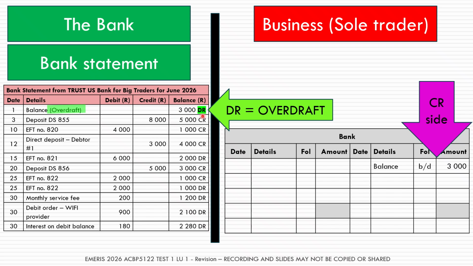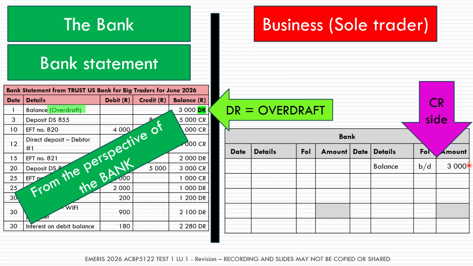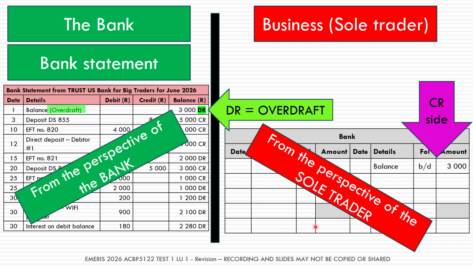On the bank statement, a debit means an overdraft, whereas in our general ledger, a credit means it's an overdraft or a current liability. So once again, the bank statement is done from the viewpoint or perspective of the bank, whereas the general ledger is done from the viewpoint or the perspective of the sole trader.